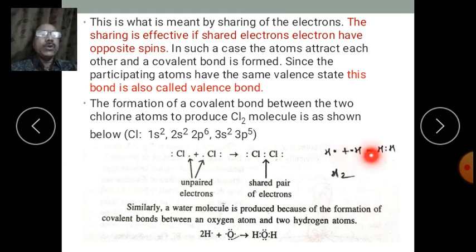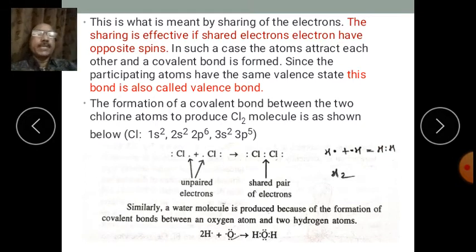Similarly, a hydrogen molecule is formed between two hydrogen atoms. So two hydrogen atoms come closer to each other to share one electron each. So a single covalent bond is formed between the two hydrogen atoms. Similarly, a water molecule is produced because of the formation of covalent bonds between an oxygen atom and two hydrogen atoms, isn't it?